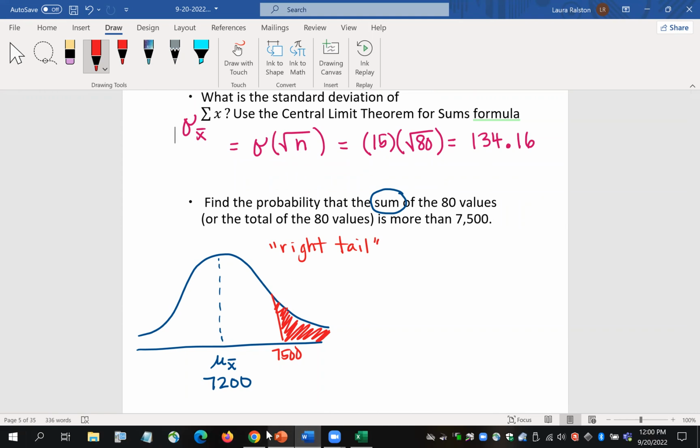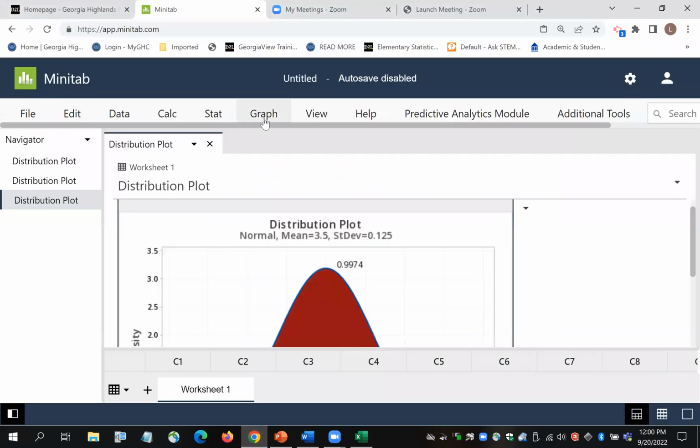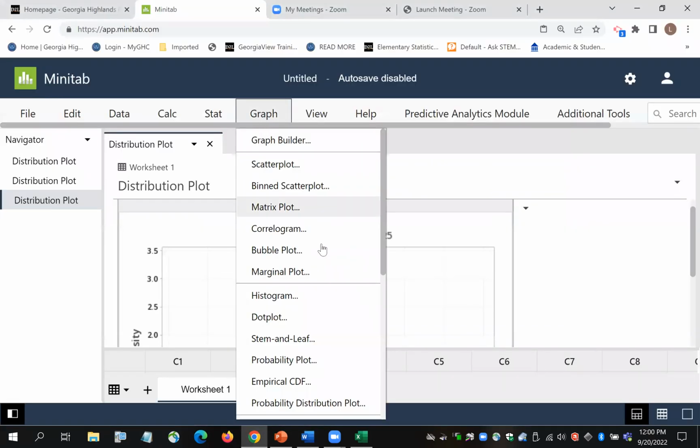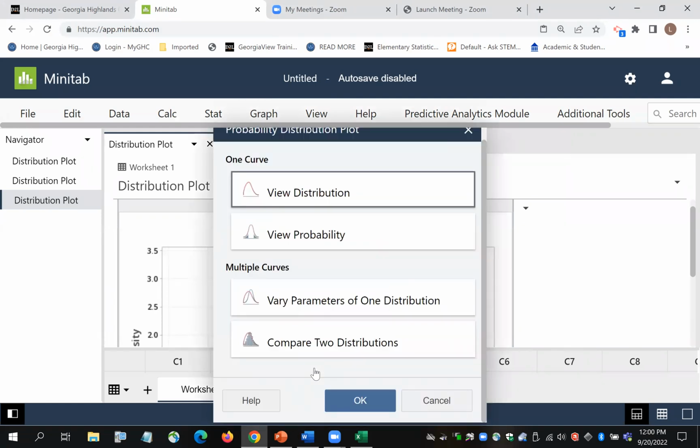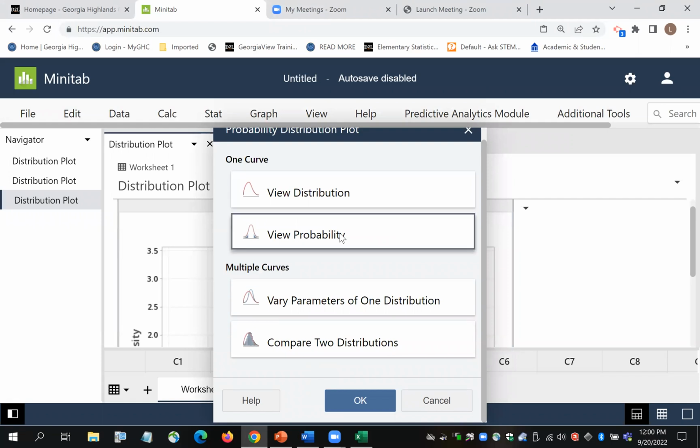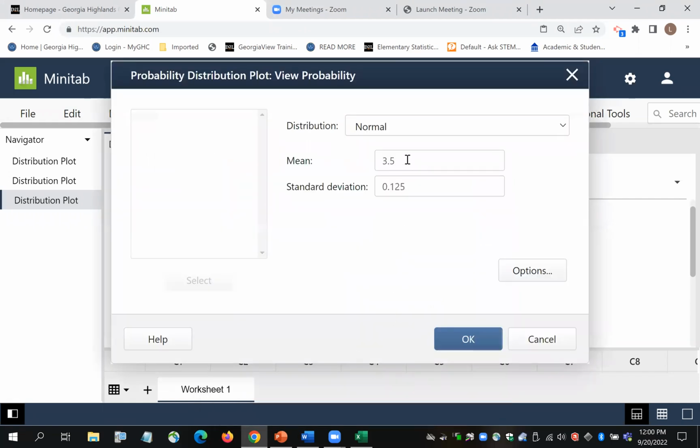So now I'm going to Minitab to do the calculations. Graph, probability distribution plot, view probability. I click OK. It is normal. My mean is 7,200. The standard deviation was 134.16.